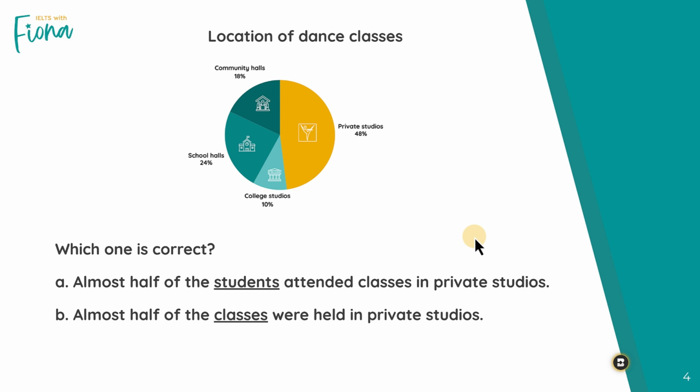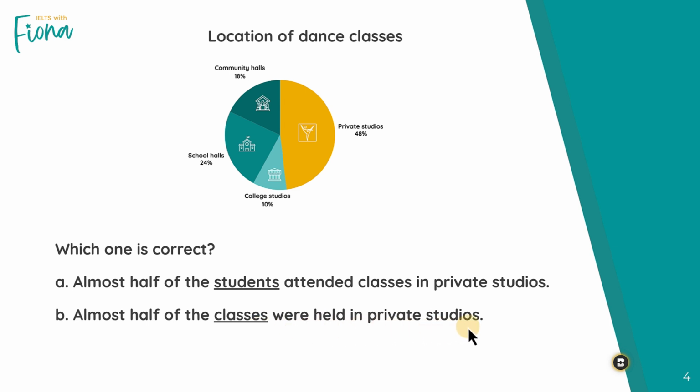So which one is correct? A, almost half of the students attended classes in private studios, or B, almost half of the classes were held in private studios. So that's either half the students went to classes in private studios or half of the classes were held in private studios.